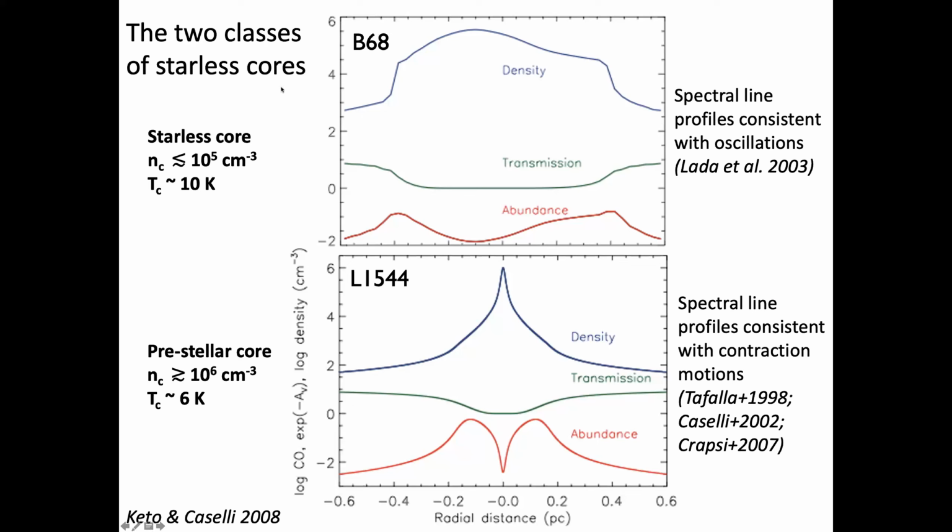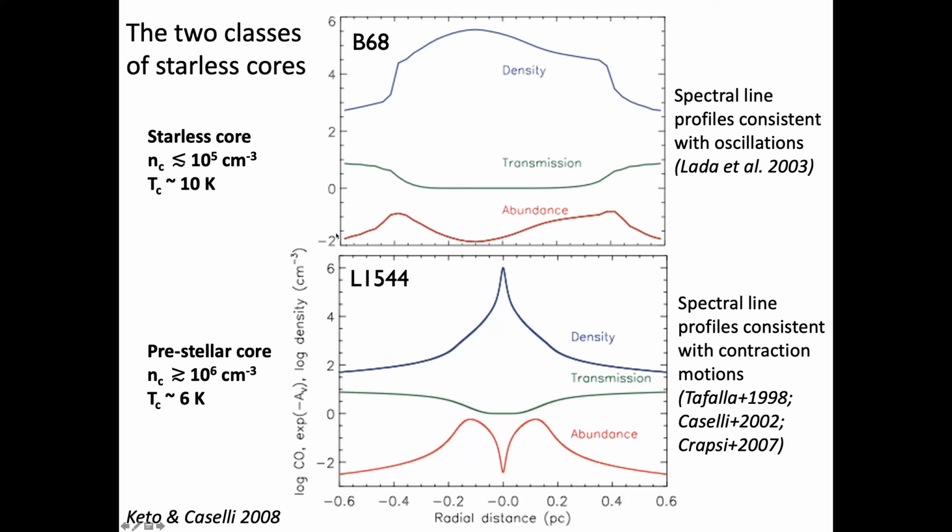We typically tend to call all the cores with no stars starless cores, but if we look closer, some of them are different in the sense that they look more centrally concentrated, and they also have evidence of infall motions in the central region. So some of them you can immediately say, okay, this core is going to form a star.